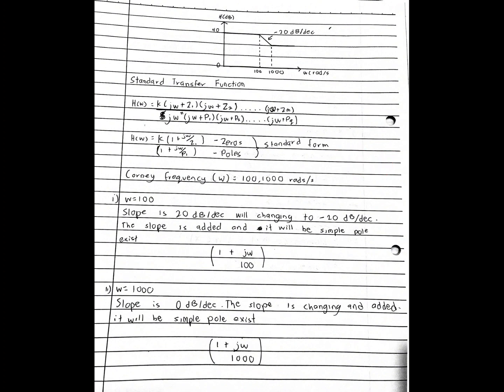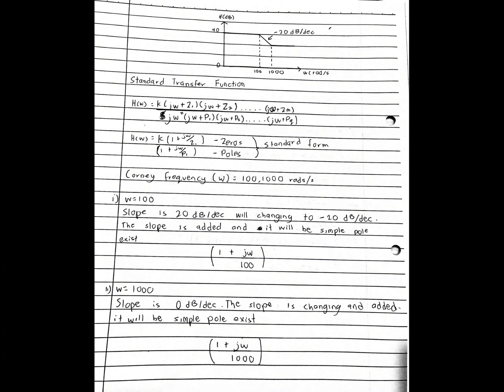Then we have to know the corner frequencies for this Bode plot. The corner frequencies we can see are 100 and 1000. At 100, the slope is 20 dB per decade and will change to negative 20 dB per decade. The slope will be a simple pole and we add it in the Bode plot.